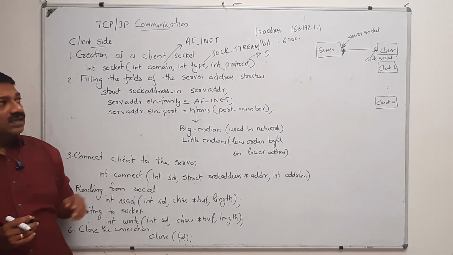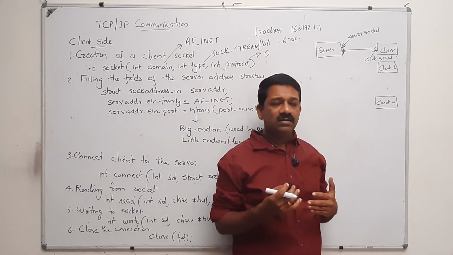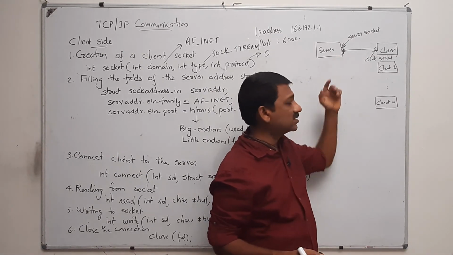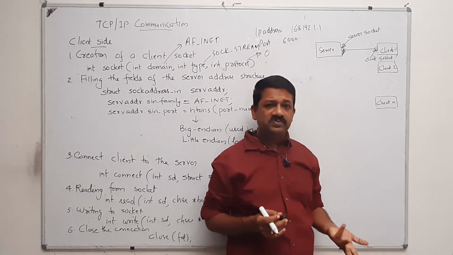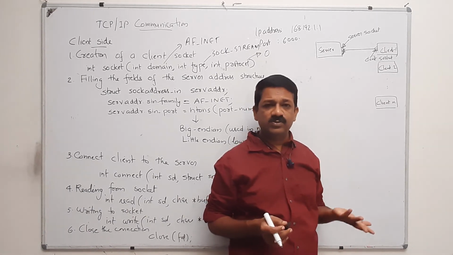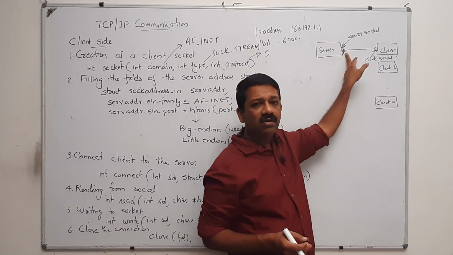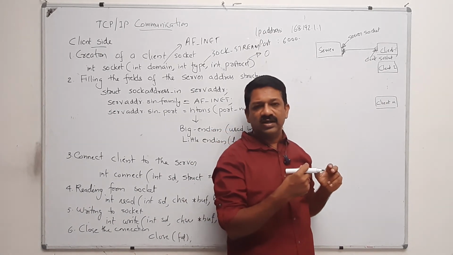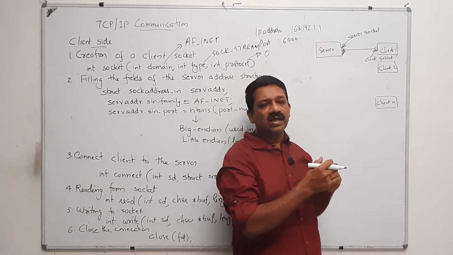That means for this server, suppose that you have a very powerful machine and it is acting as a server, there may be different servers running on that system. For example, web server, file server, database server, etc. A number of servers may be there. And here we have only one connection to that. That means physically one connection is there, but a number of requests are coming to that server.